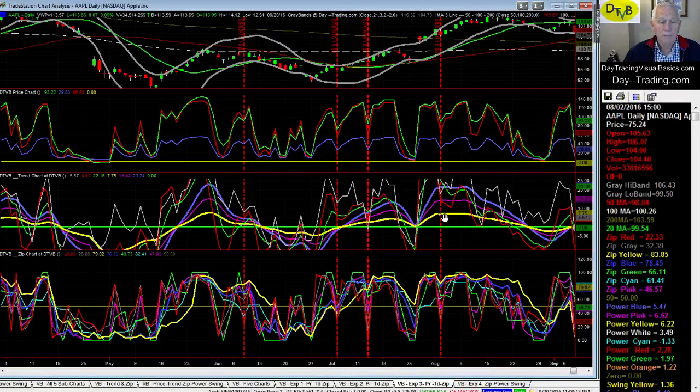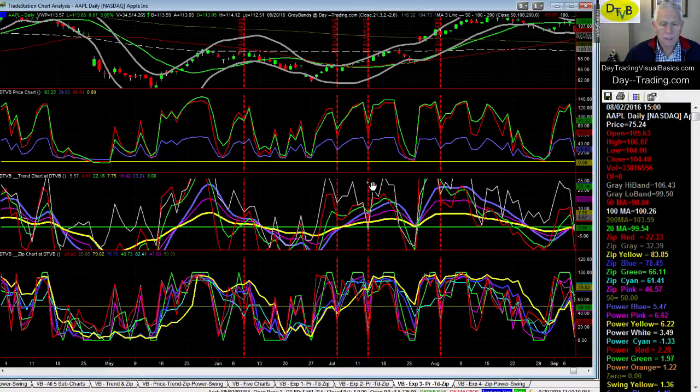When the trend trio is above 0 and running flat like this, after this first red vertical line, the next few days it runs flat, but the price candles are going up. So just being above 0 is indicative of an uptrend for the trend trio as well.